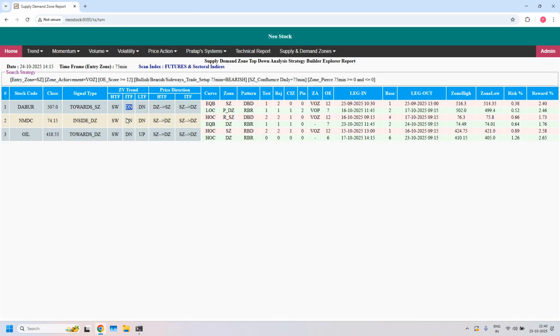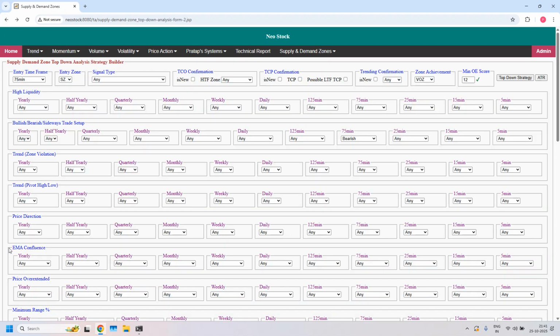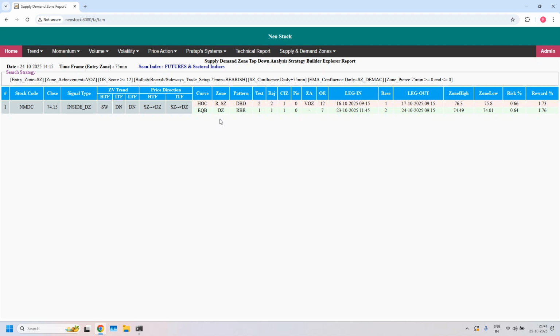And the daily trend is a downtrend. So let's further filter based on daily supply zone having daily EMA confluence. One stock is filtered. So this 75-minute supply zone has high probability to get success, provided the lesson 20 checklist items are satisfied.